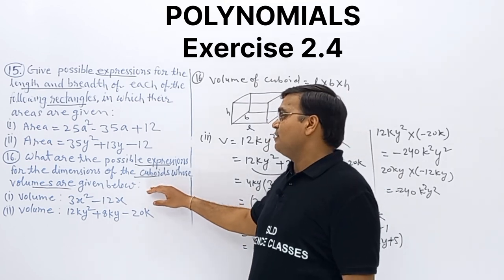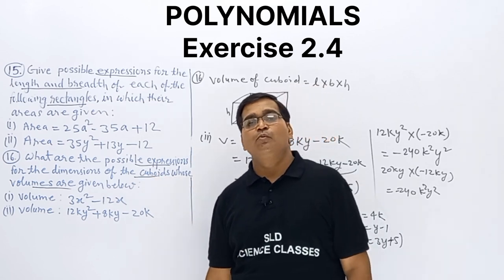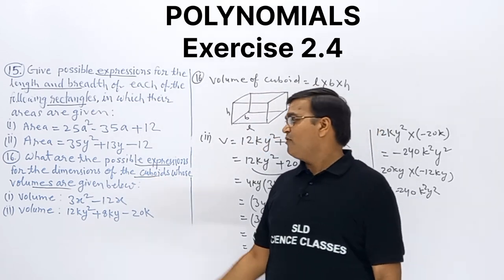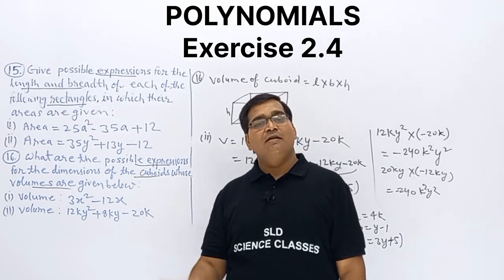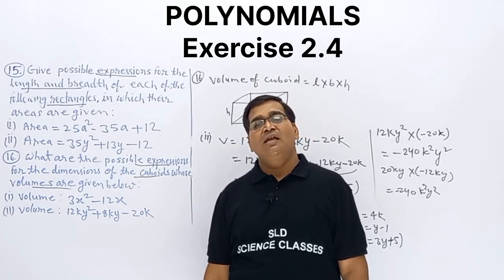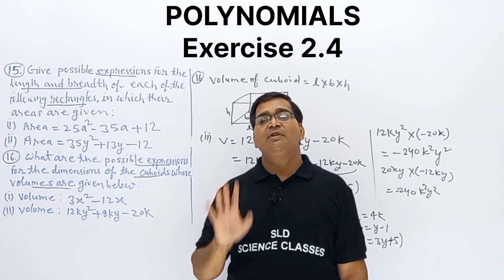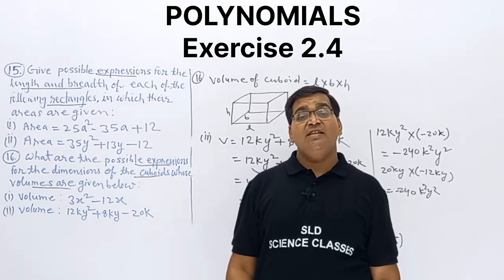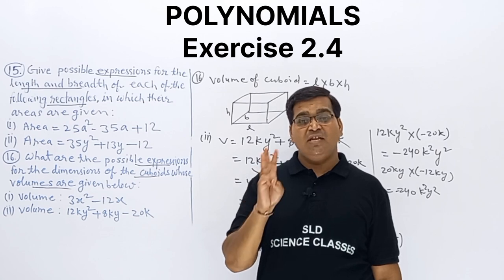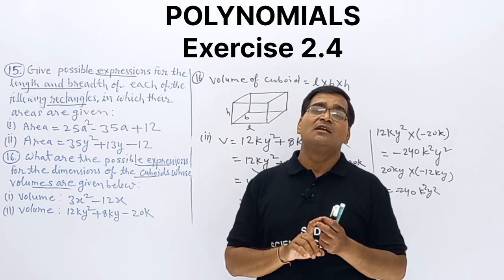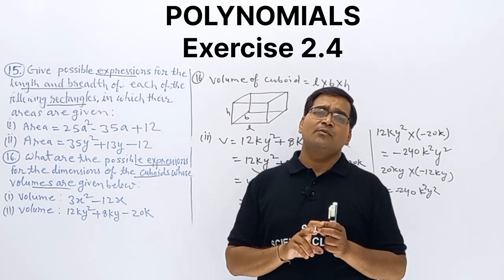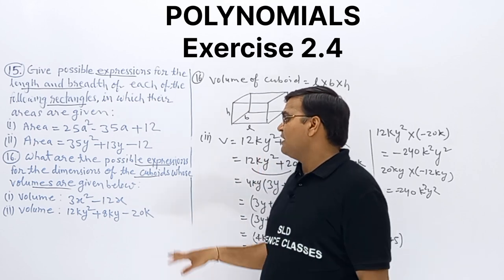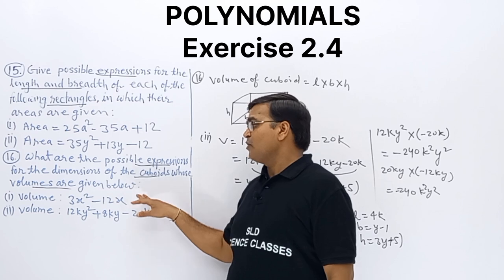And in the 16th one we have the volume of a cuboid, and volume of a cuboid is length into breadth into height. So we will factorize, and then we get three expressions, and from these, one will be the length, another the breadth, and the other the height.